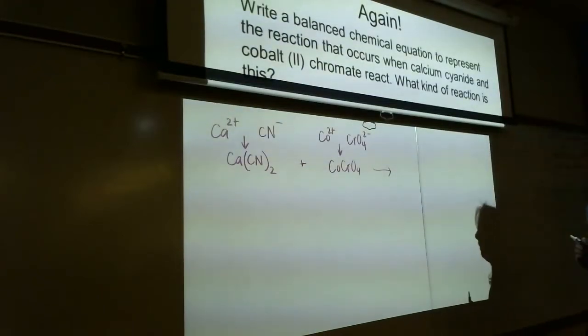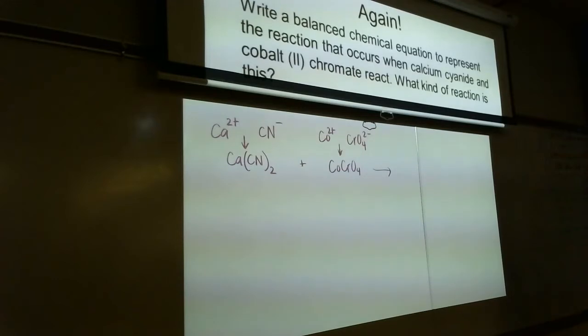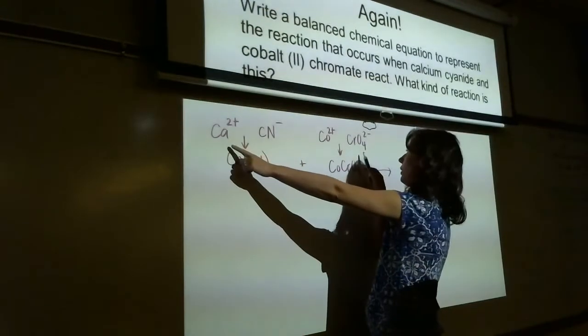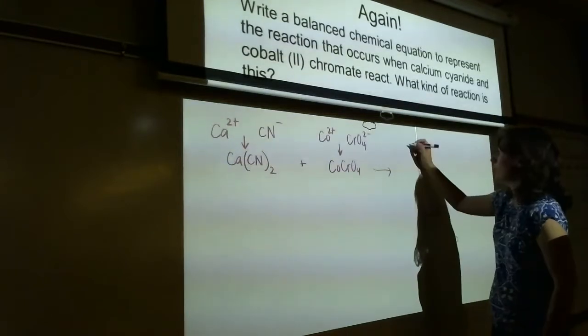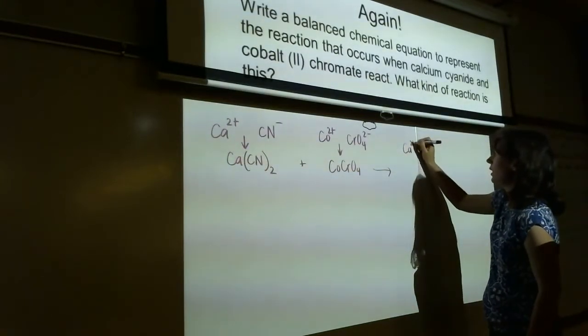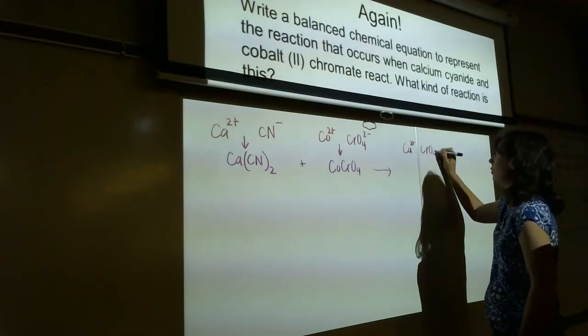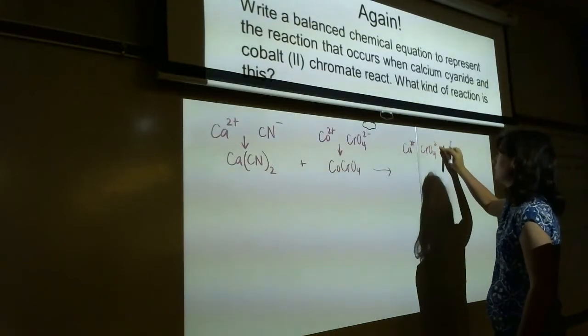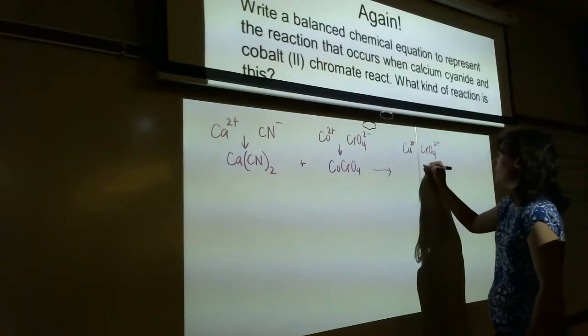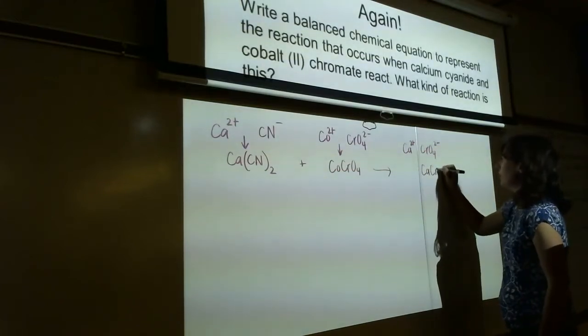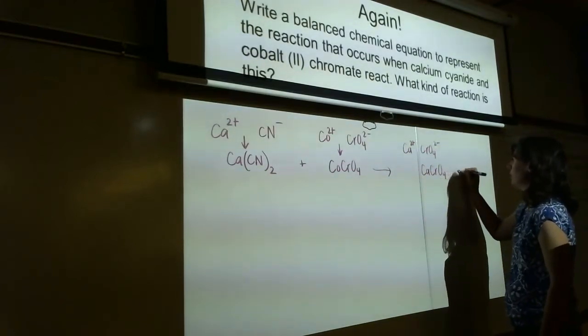Now, what kind of reaction is this? Single displacement or double? This is double displacement. So calcium's going to get together with chromate. Right, so I'm going to have Ca2+ and CrO4 2 minus. So that's just CaCrO4.